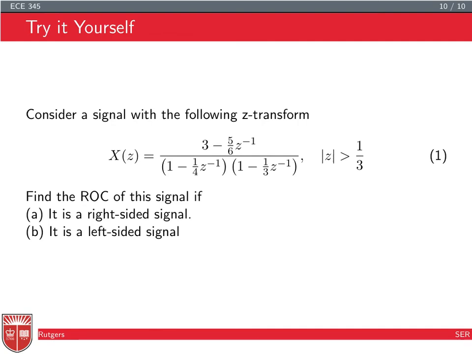And here there is a typo. Let me erase this. So here there shouldn't be anything that says z greater than 1/3. So that's the problem here. So find the possible ROC of this z transform, whether it corresponds to a right-sided signal or a left-sided signal.